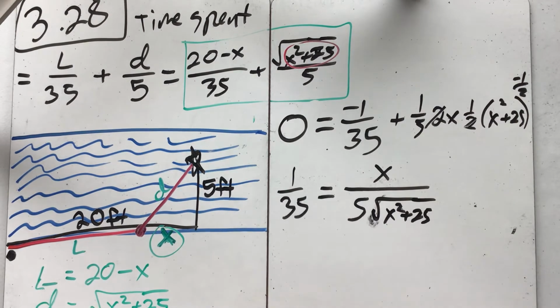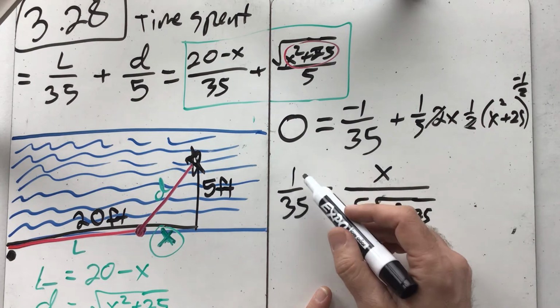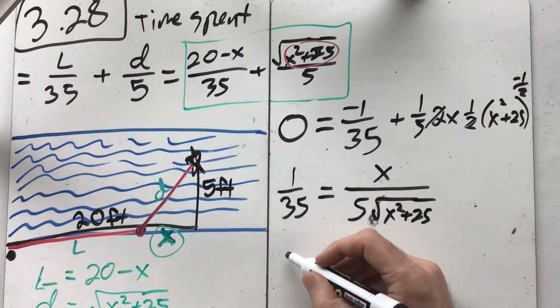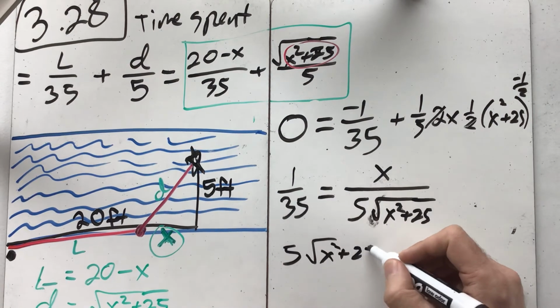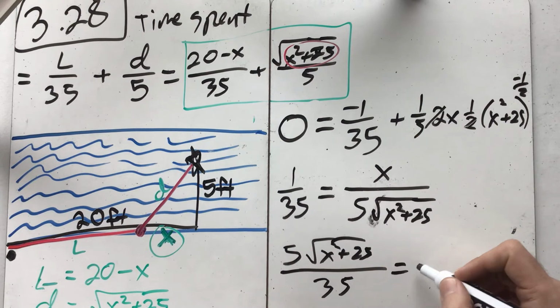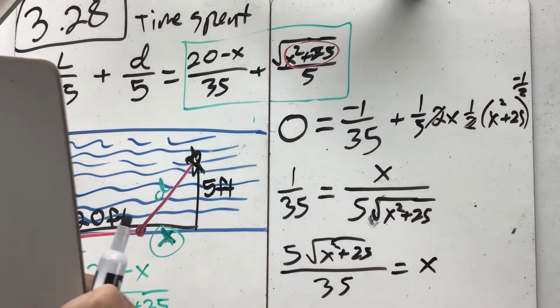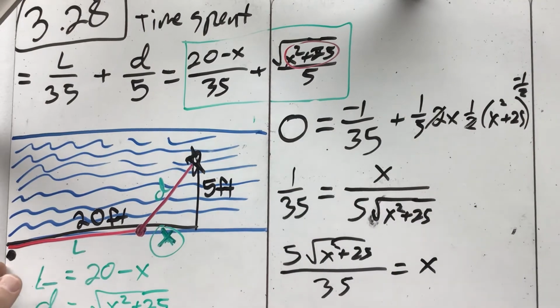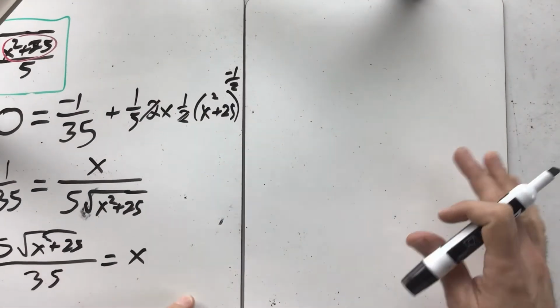Okay, and so what I'm going to do is multiply this over here to make life a little bit simpler, and that'll give me 5 square root of x squared plus 25 divided by 35 is equal to x. Okay, so we're still working on this algebra. Let's slide another piece of whiteboard in here so we can keep working on it.